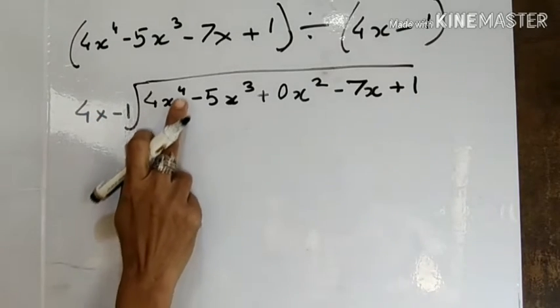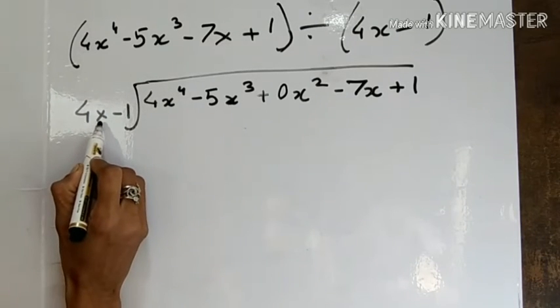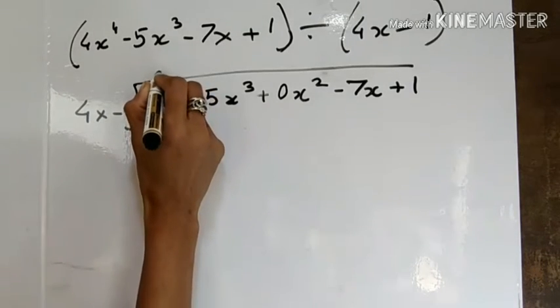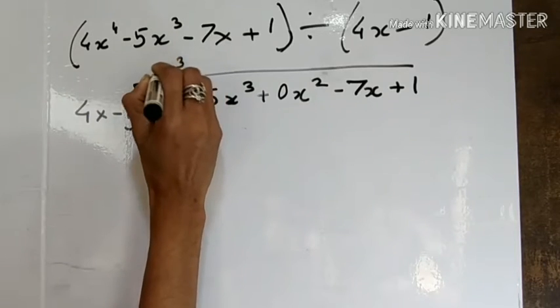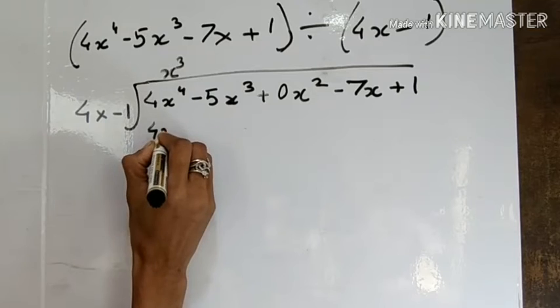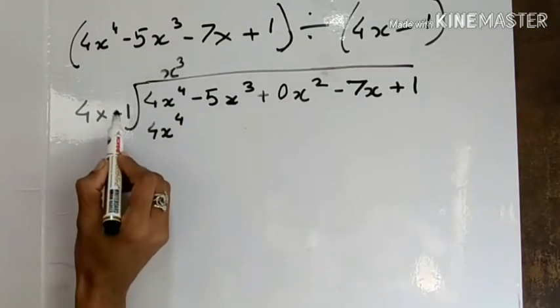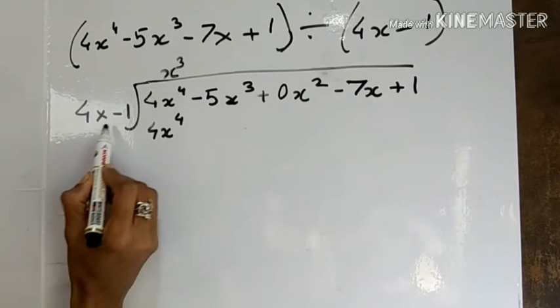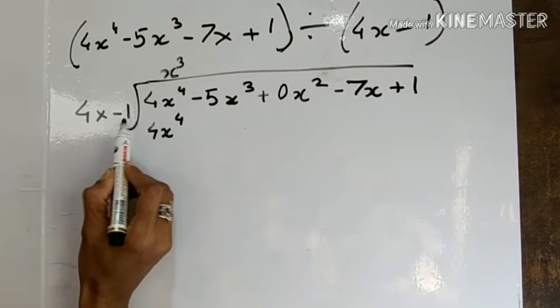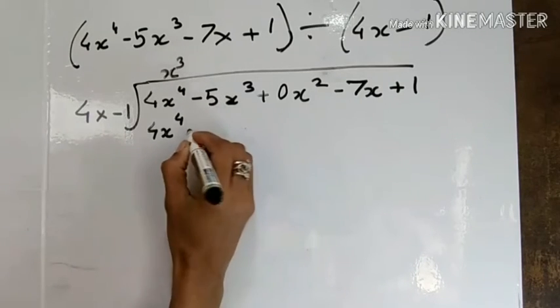The first term is 4x raised to 4 and you have 4x, so I would be multiplying with x cubed so that I get 4x raised to 4. My second term is going to be x cubed times minus 1, that means it is going to be minus x cubed, so I need to write it below my x cubed term.